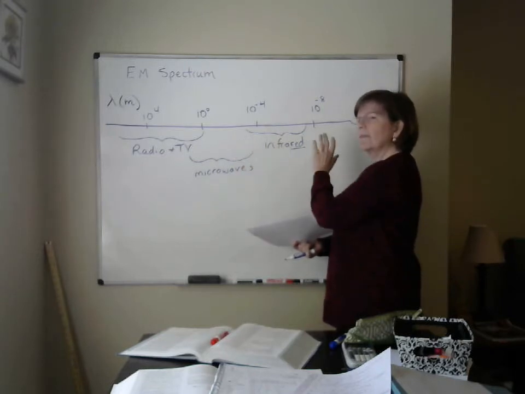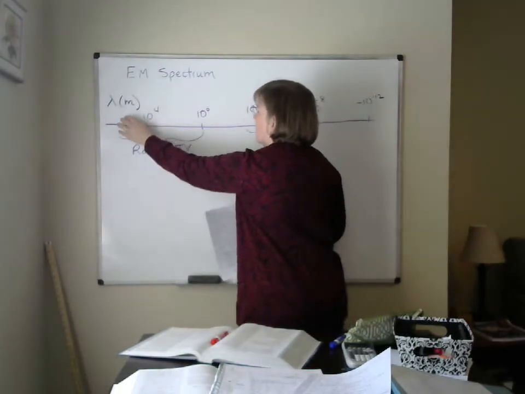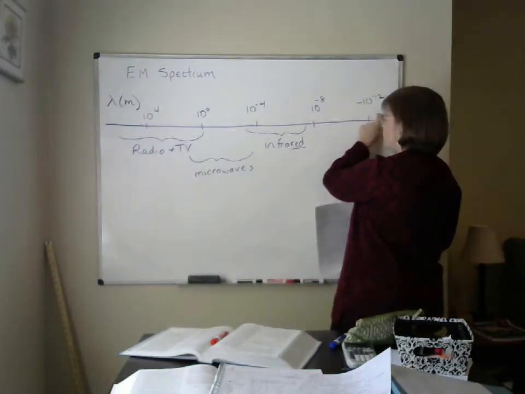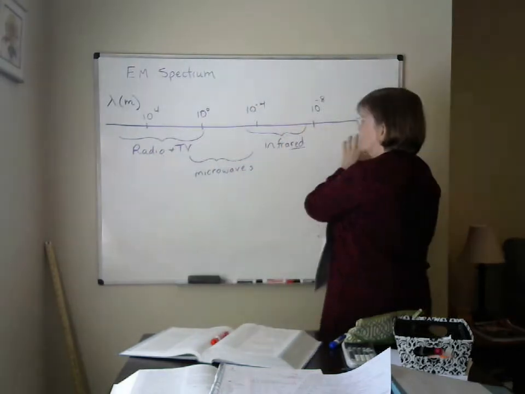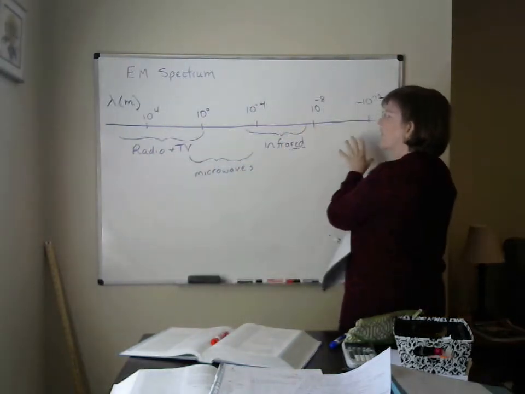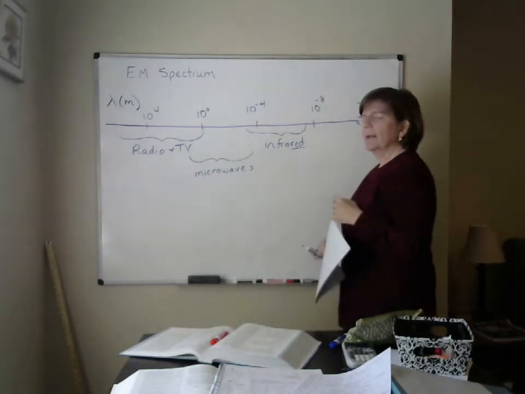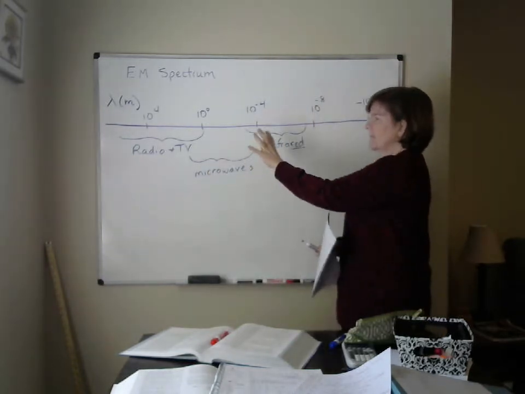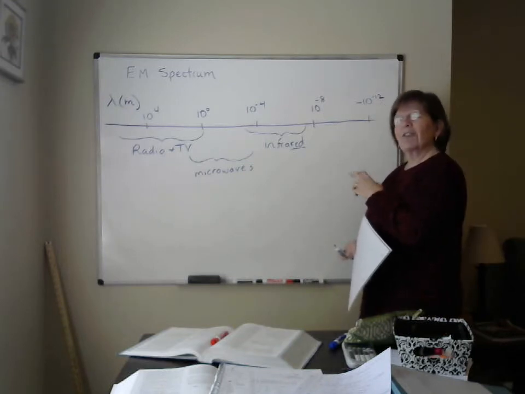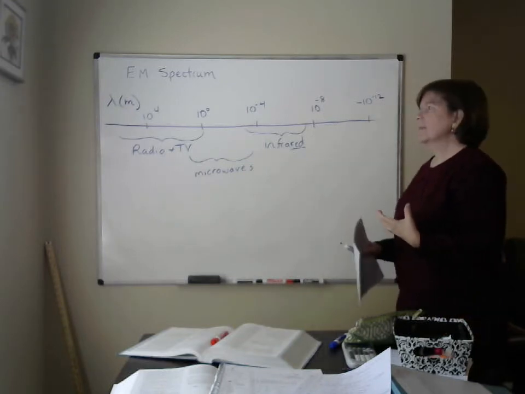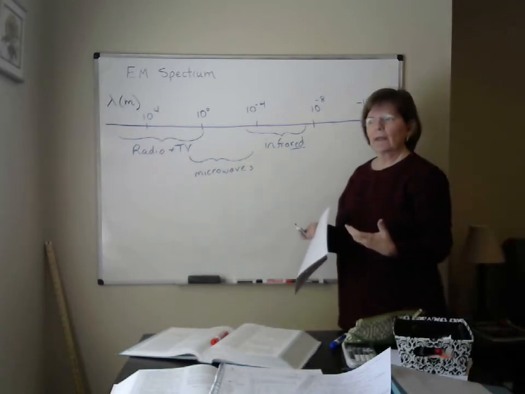They also have small frequencies. What happens as we go from long wavelengths to short wavelengths is we end up going from low frequencies to high frequencies. So all of these actually have frequencies lower than that of visible light. They have wavelengths longer than visible light, and they have less energy than visible light. So on that ground, we consider these to be the fairly safe part of the electromagnetic spectrum.